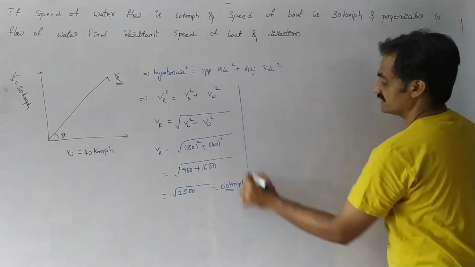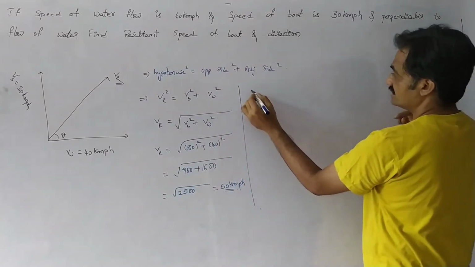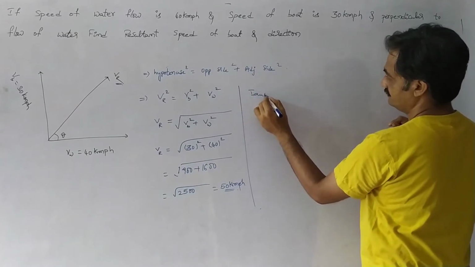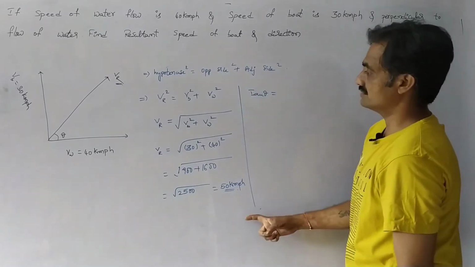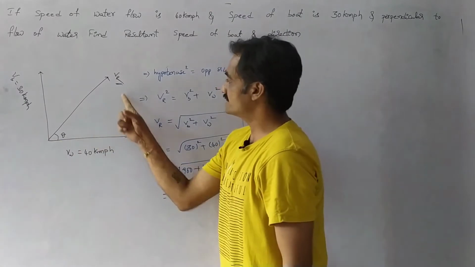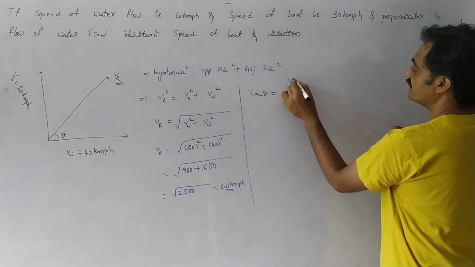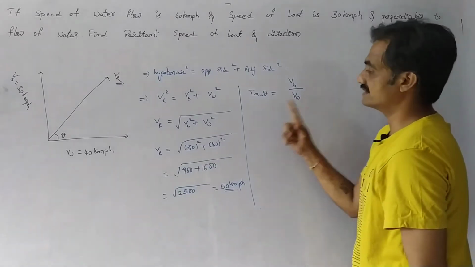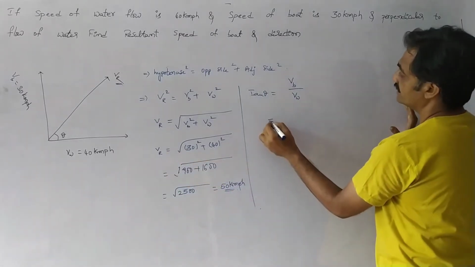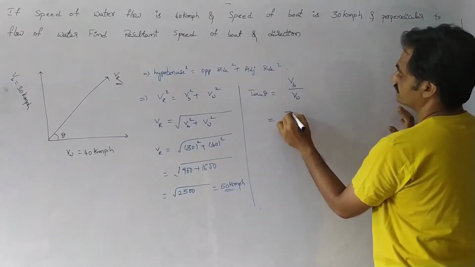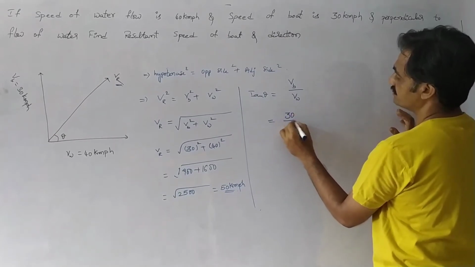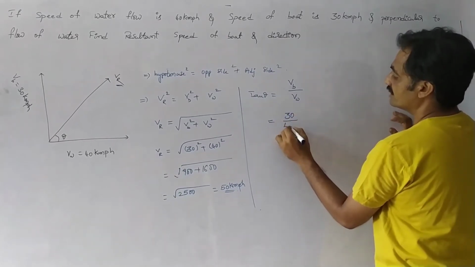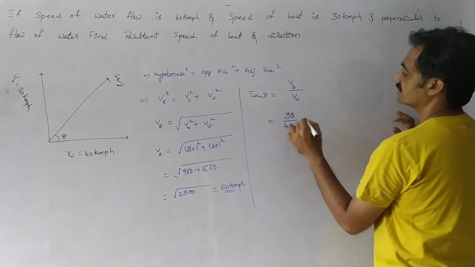Now we have to find the direction, where the direction is given by tan theta. Tan theta equals opposite side, that is speed of the boat, by adjacent side, speed of water. Here the speed of the boat is 30 kmph by speed of water 40 kmph.